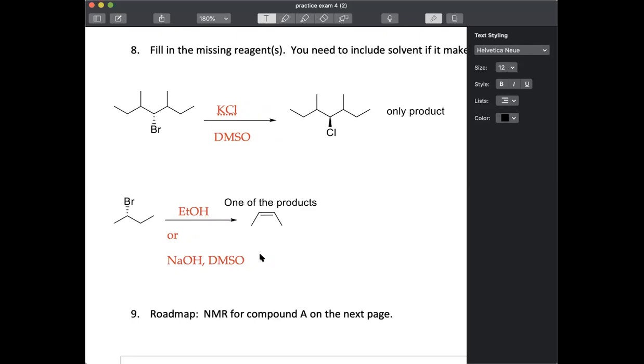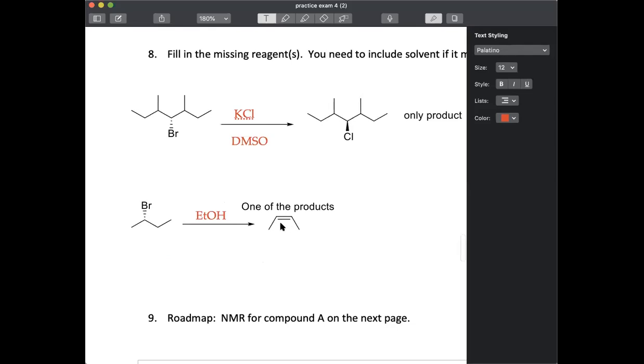That's a very good point. I didn't even realize that. Because seeing that plus the statement "one of the products" made me think SN1, E1 must be the only right answer. Right. No, yeah, that's a good point. I totally missed that.